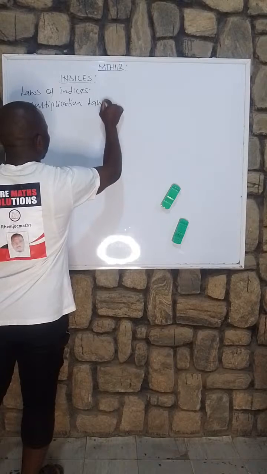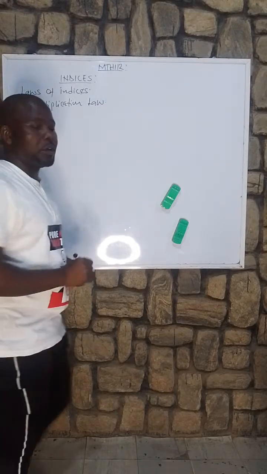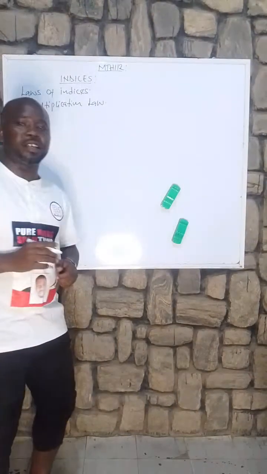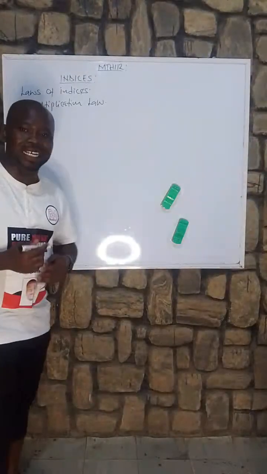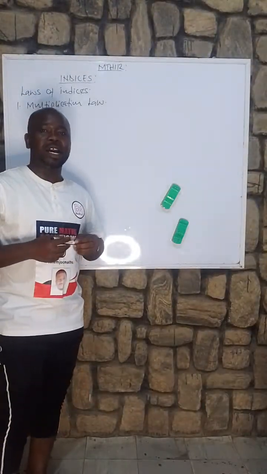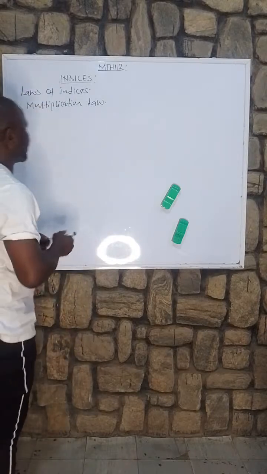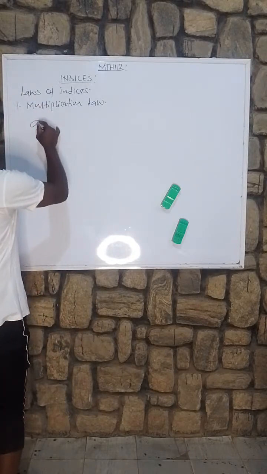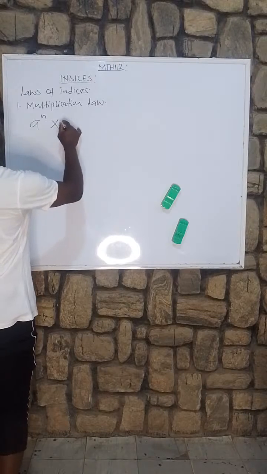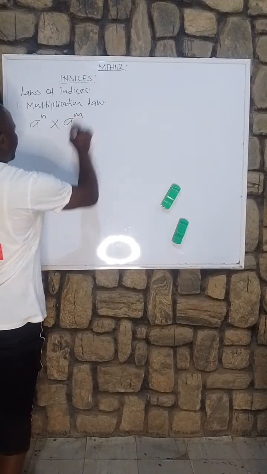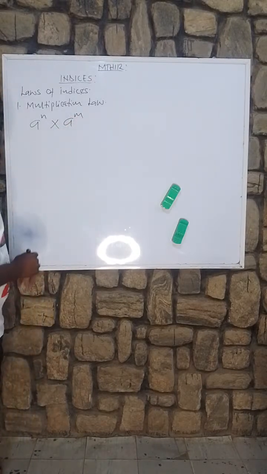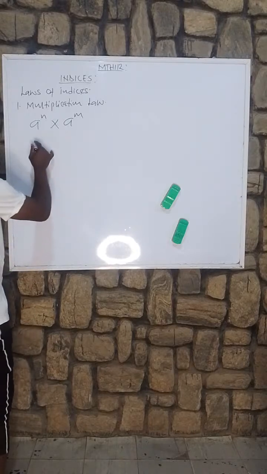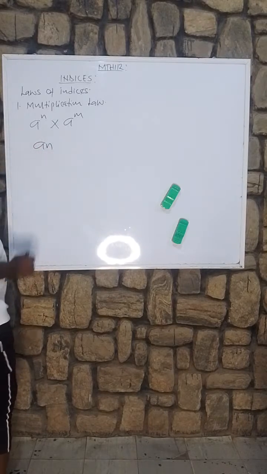I know the multiplication law is trying to tell us that if the bases are the same, we can add the powers. That is, if we have a raised to the power of n times a raised to the power of n. Please take notes. This is not a^n, that is an.